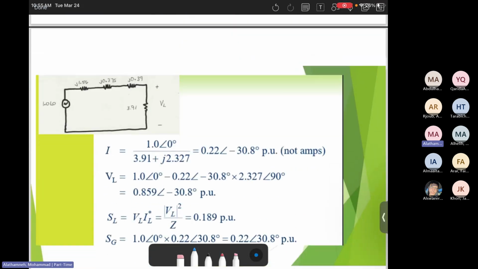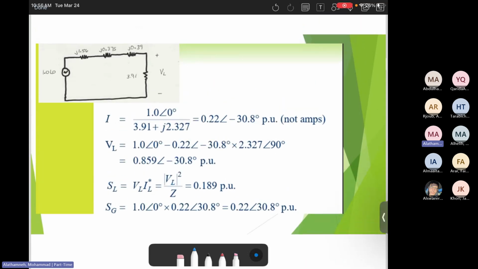That's how we calculate the current, and that's what we did here, which is 0.22 angle negative 30.8. But keep in mind, this is in per units, not in amps. How to calculate it in amps? You need to calculate I base first, then after that you can multiply to find it in amps.